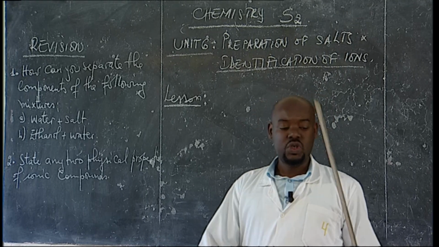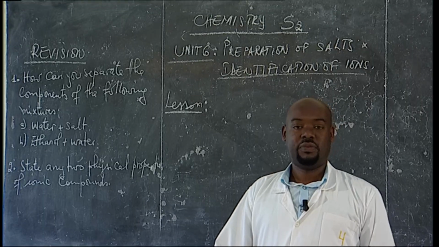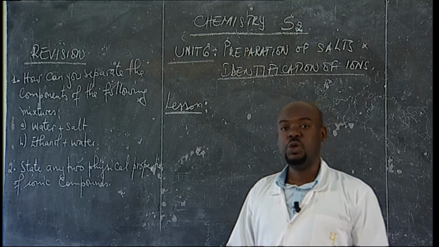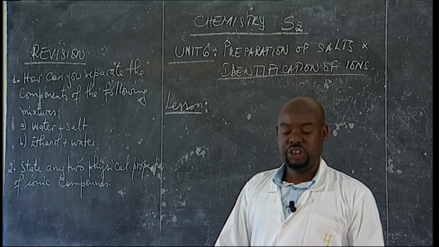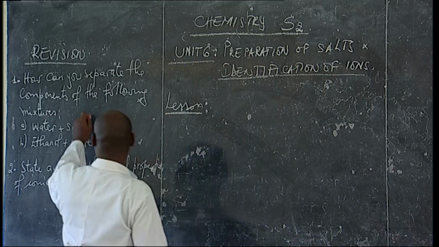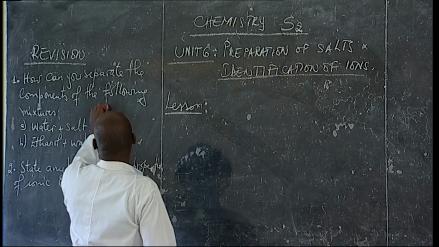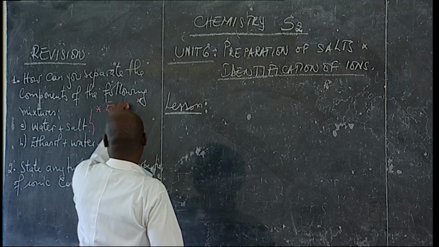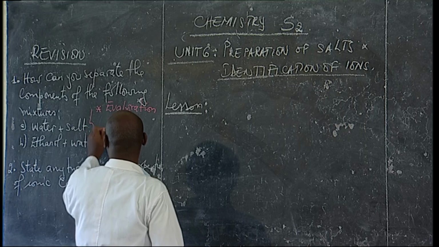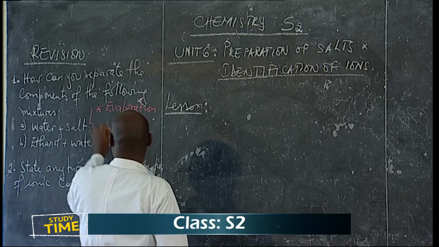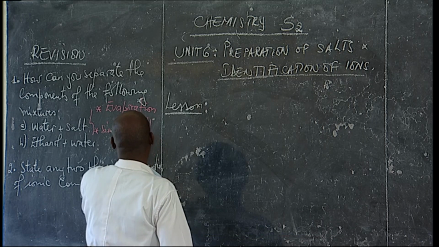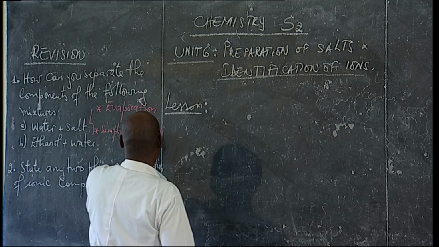We can use evaporation if we don't want to collect water, and we can also use simple distillation if we want to collect water. So we have 2 possible answers: evaporation if you don't want to collect water, and simple distillation if you want to collect water.